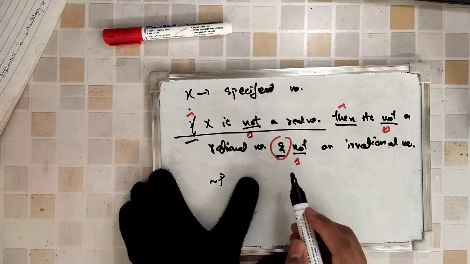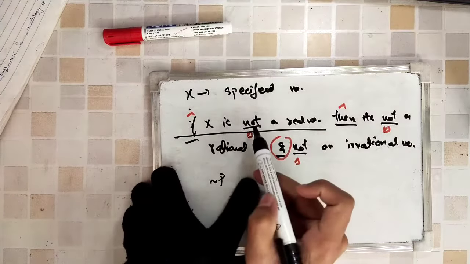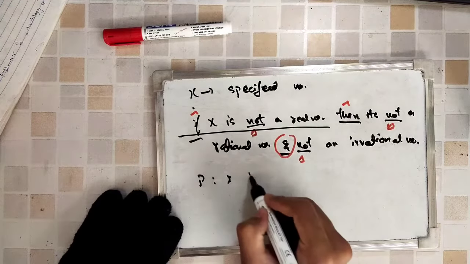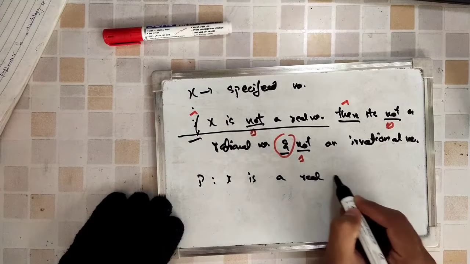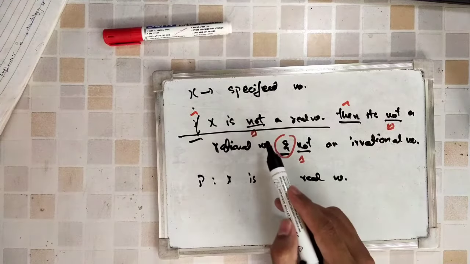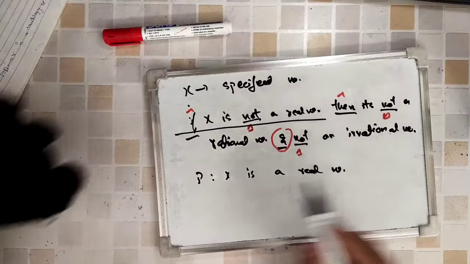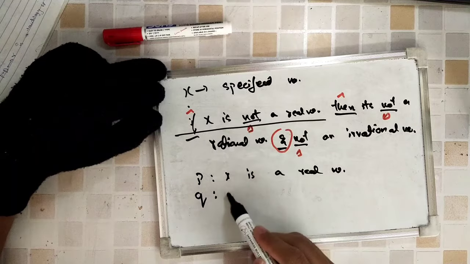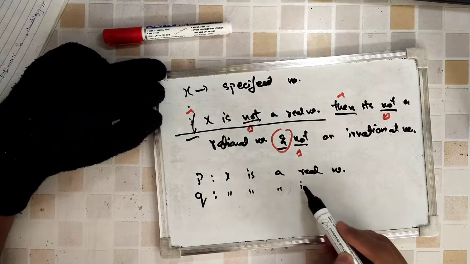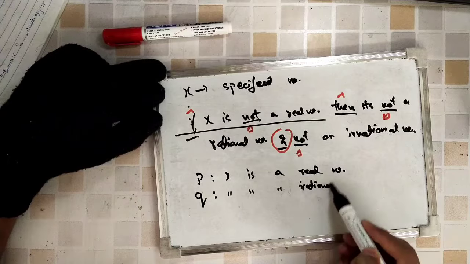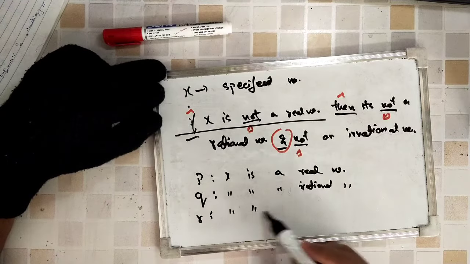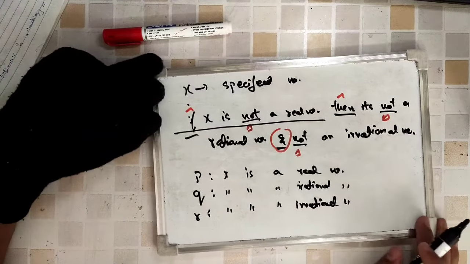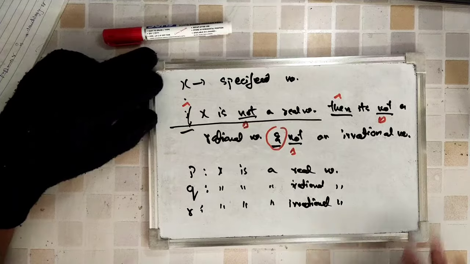If it is negation P, then P will be: x is a real number, since not is there, so this is the negation of a statement. Q is: it is not a rational number, so Q is: x is a rational number. Then R will be: x is an irrational number.